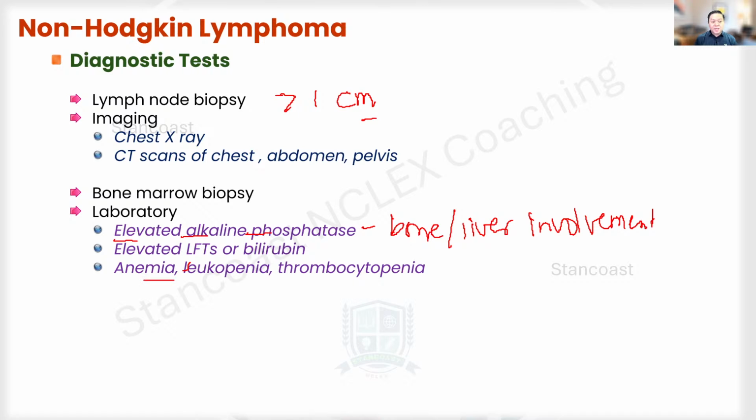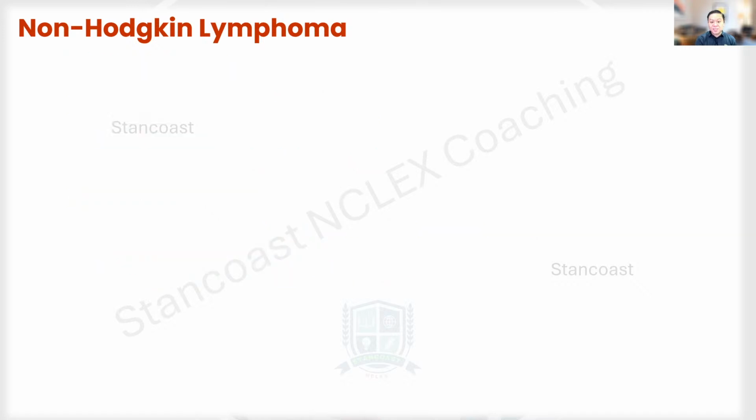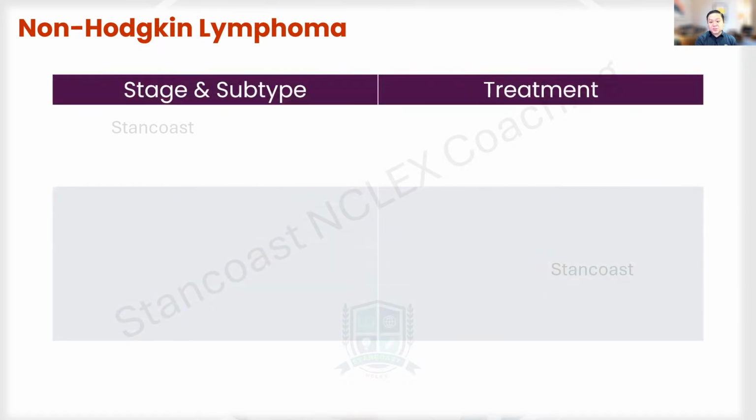There's going to be a drop in the white blood cell count, a drop in the platelet count, and I'm not talking about just like a slight drop. No, their values are going to be very low at this point whenever there's bone marrow involvement, I should say. Okay, so please don't forget about those blood counts getting low. Anemia, leukopenia, and thrombocytopenia.